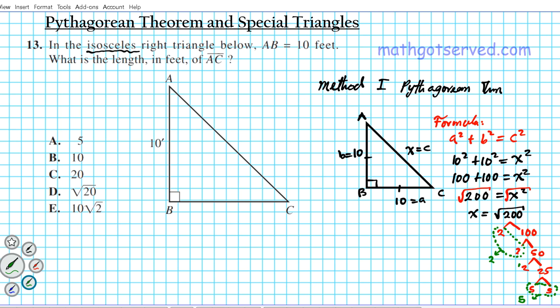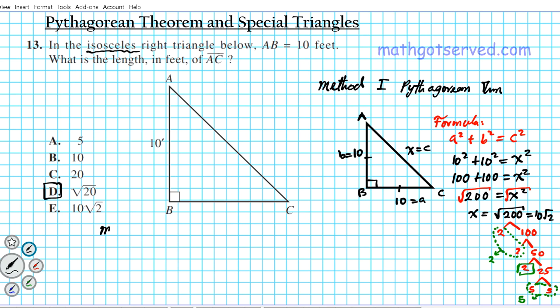So this number 2 doesn't have another identical factor, so it's not a square. So it stays behind. Okay, so the simplified form of root 200 is these two numbers that came out. 2 times 5 is 10 root what's left behind, 2. Alrighty, so we can clearly see that the answer is option letter D.